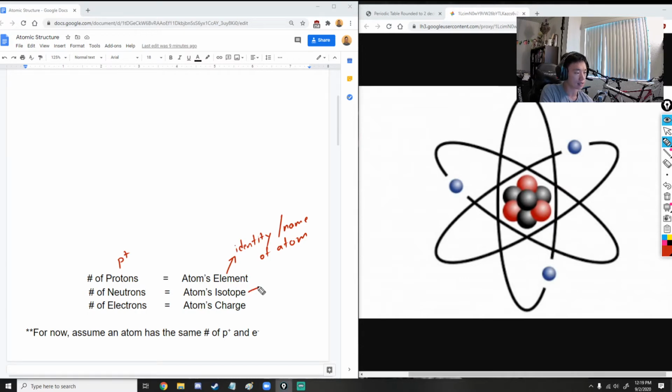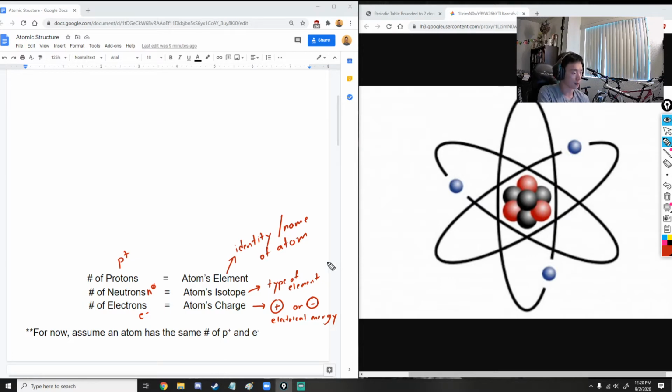We'll talk about that next time, but the isotope is the type of element an atom is. And then lastly, the electrons tell us the atom's charge, so whether it's positive or negative. It basically tells us what kind of electrical energy it has.